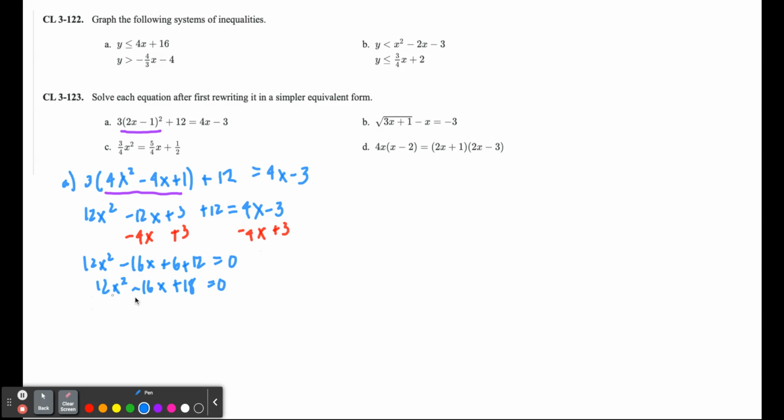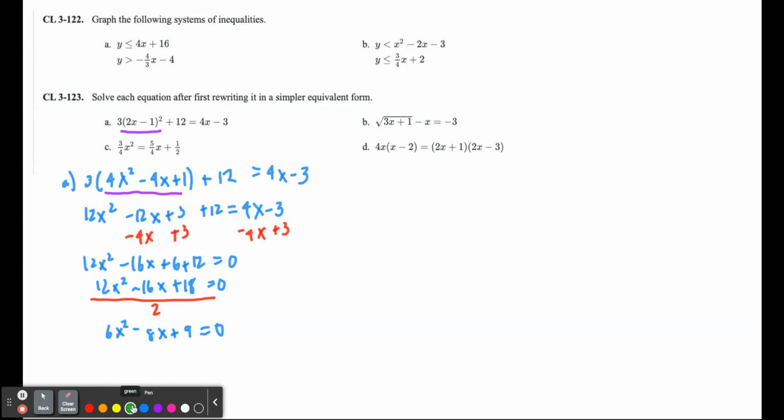Okay, and then let's make it a little easier. Let's divide everything by 2. Unfortunately, that's the only thing that we can divide it by. So that's 6x squared minus 8x plus 9.